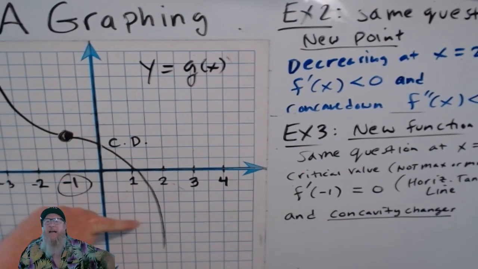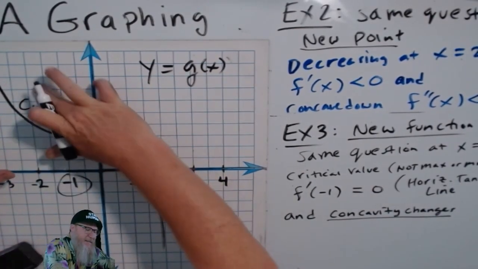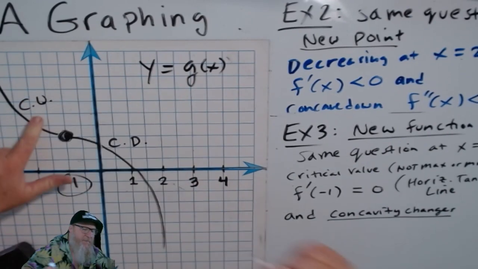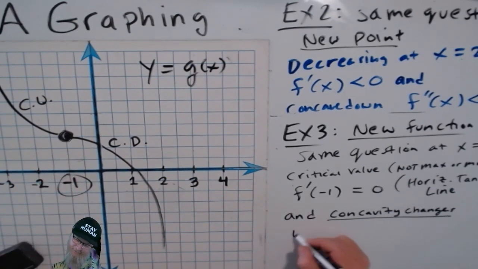It's concave down on this side, and it's concave up on this side. Say CU for concave up on this side. So it is changing concavity at that point, which is called an inflection point.